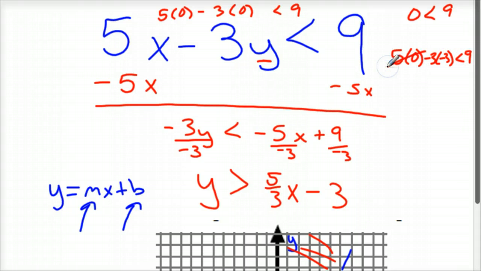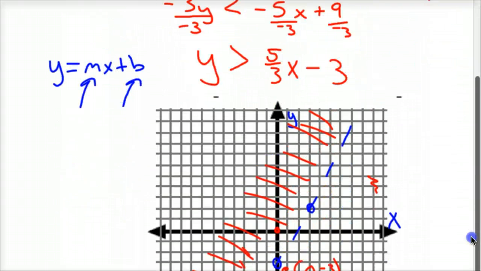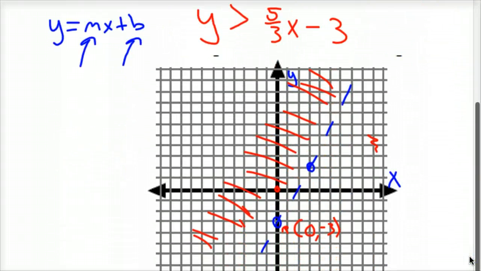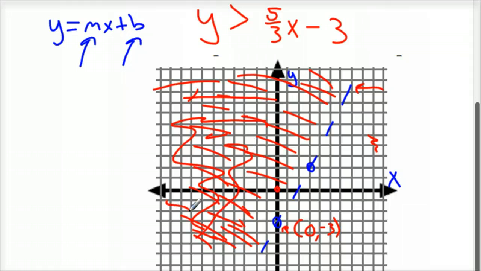Well, that's 0 plus 9, so you've got 9 less than 9. Well, that's false. That doesn't work. And that's the case with all the points along this dotted line. They're all false. That's why I have an open circle. But all of these points above the line, since it's greater than, every single point out here would be true in that equation.